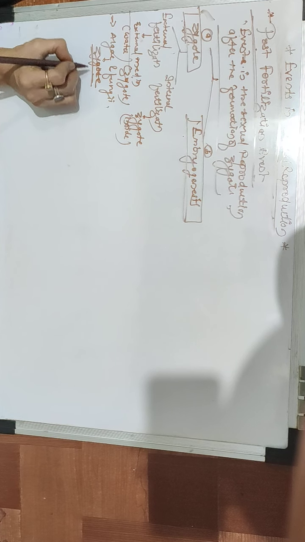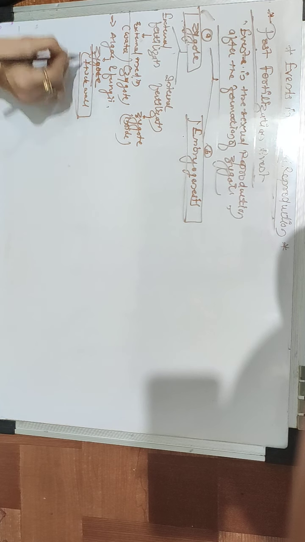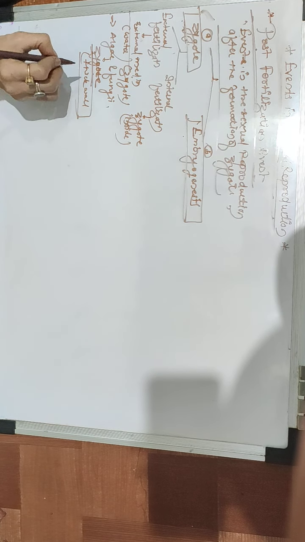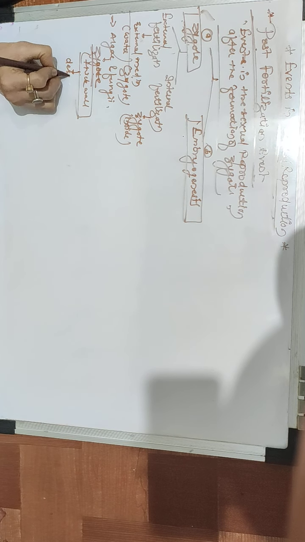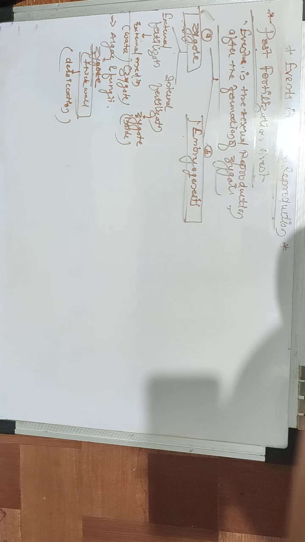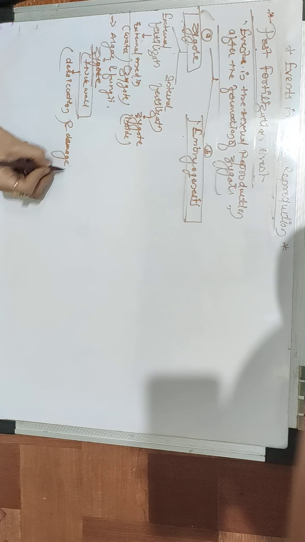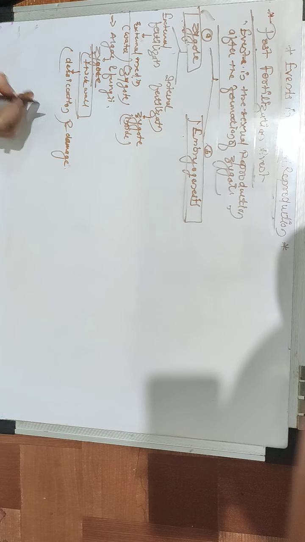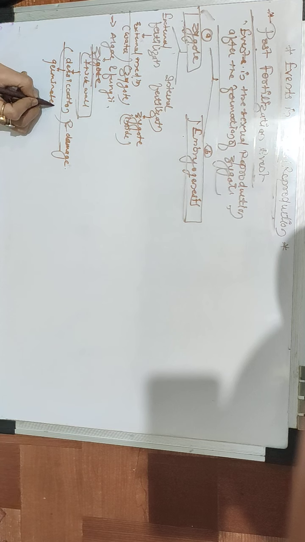This zygote develops a thick wall around itself, and that wall gives resistance to desiccation. What do we mean by desiccation? It prevents dehydration, and also protects from damage.